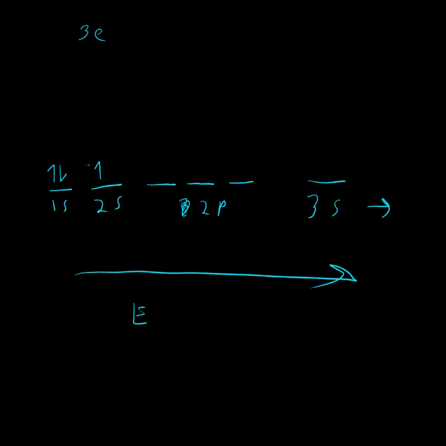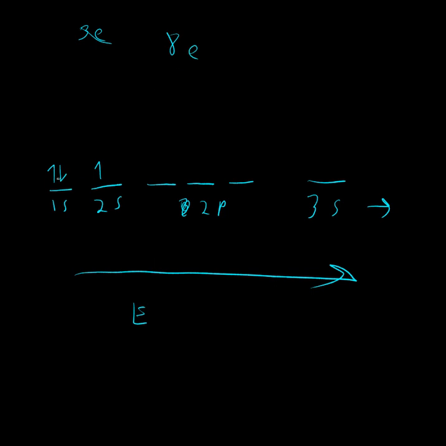If we wanted to do a little bit more interesting case, let's say oxygen. Here we have 8 electrons. And so how do we draw that out?